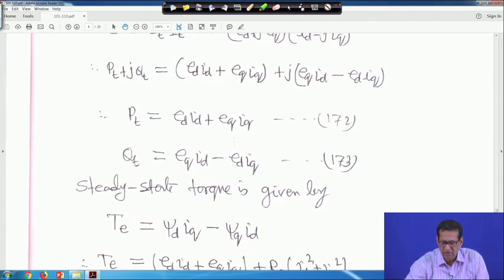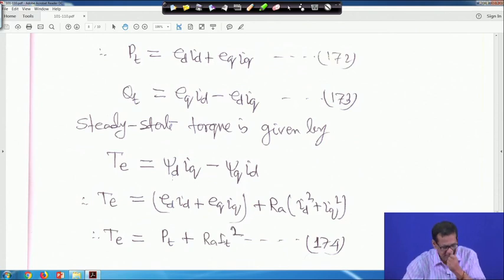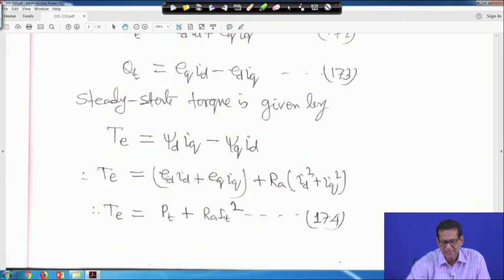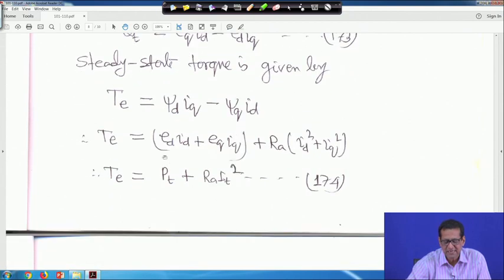Now, steady state torque is given by T is equal to psi d Iq minus psi q Id, this we have derived. If you just put those psi d, psi q expressions, you will get T. A little bit I ask you to derive on your own. Just put those expressions and you will get T is equal to Ed Id plus Eq Iq plus Ra into (Id square plus Iq square).